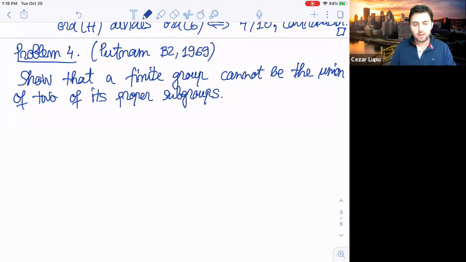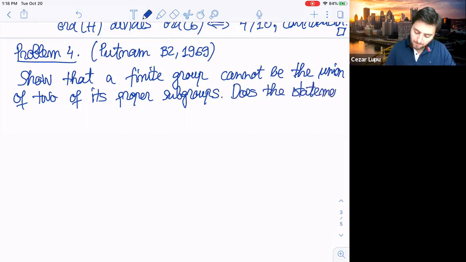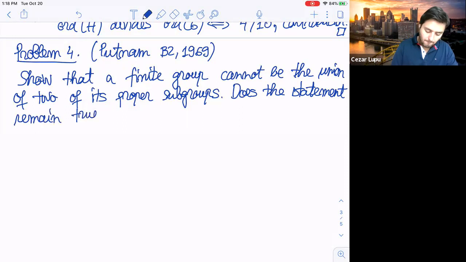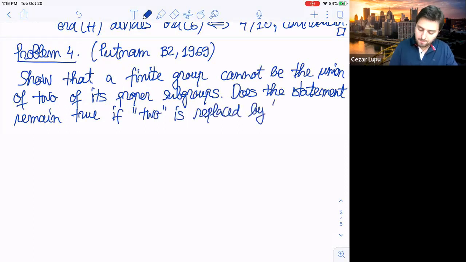So when you hear something about groups and subgroups and you want to think of some kind of order, you always think of Lagrange's theorem. Now, in the question, does the statement remain true if 2 is replaced by 3?